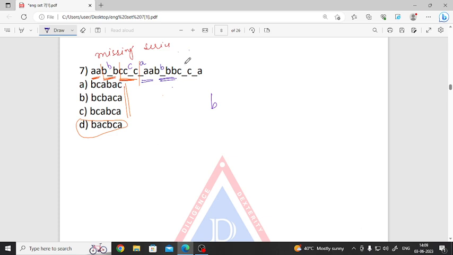Then again if we write C here, we are getting 3 C's and again A. See, again it starts with double A. So double A, triple B, 4 C's. Again triple A, 4 B, triple C. Then again double A. So what you are getting? BCA, BCA, BCA, BCA. That means option number C is the correct answer.